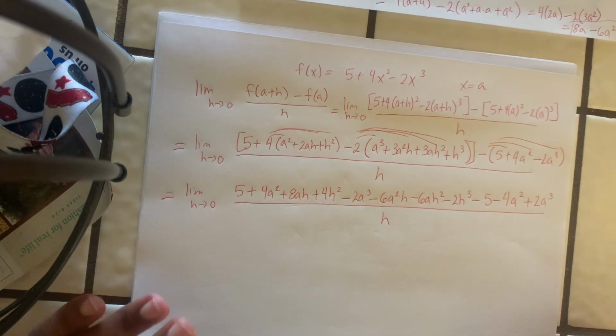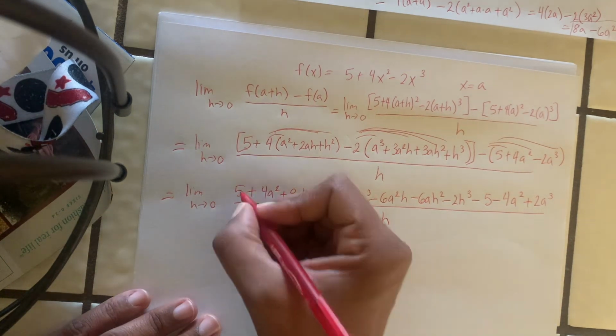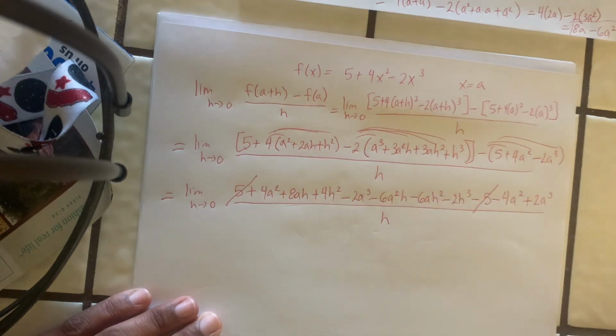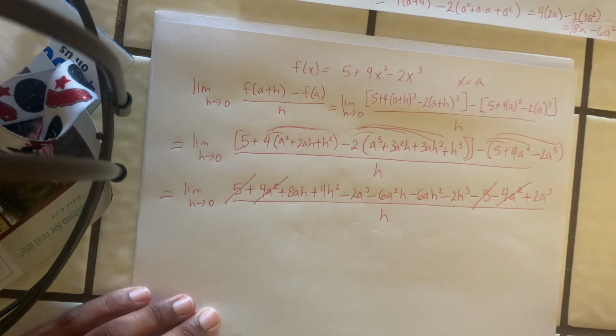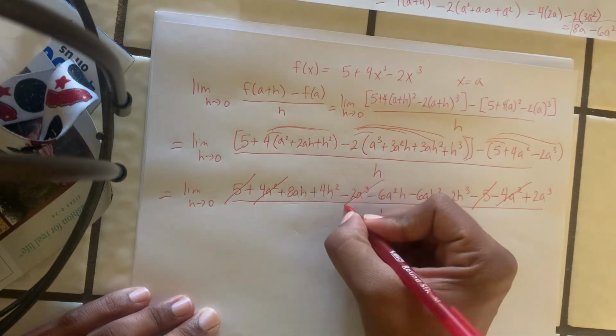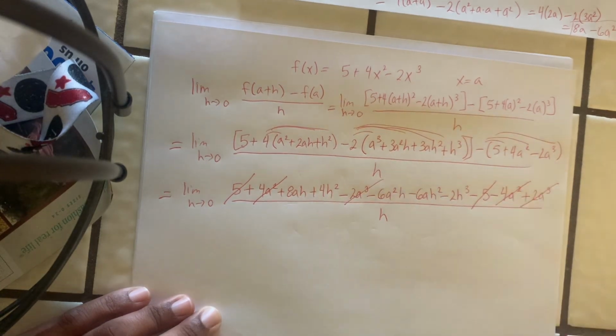Now remember, we know we're doing this right if things begin to cancel. 5 minus 5, gone. 4a squared minus 4a squared, gone. Negative 2a cubed, positive 2a cubed, gone.